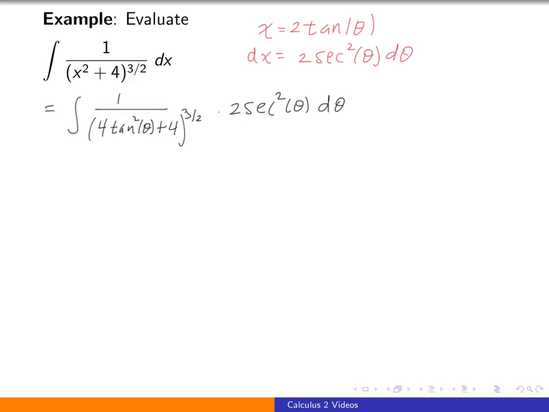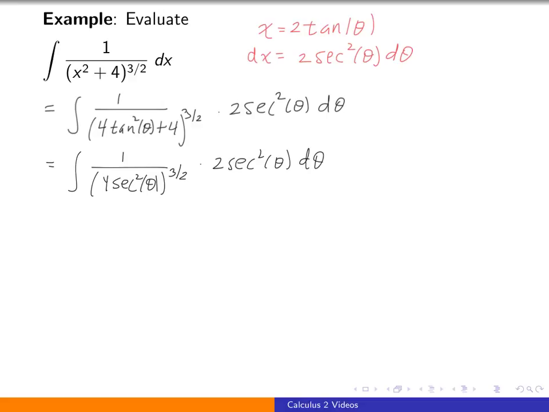Tangent squared plus 1 is secant squared. So we can rewrite the denominator as 1 over 4 secant squared raised to the 3/2 power, times 2 secant squared theta d theta.